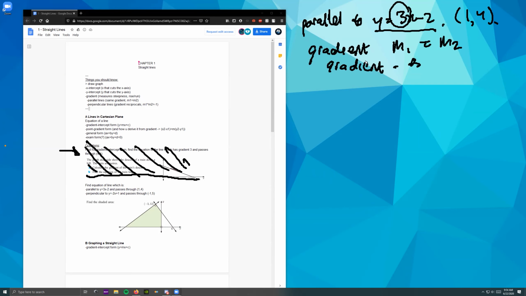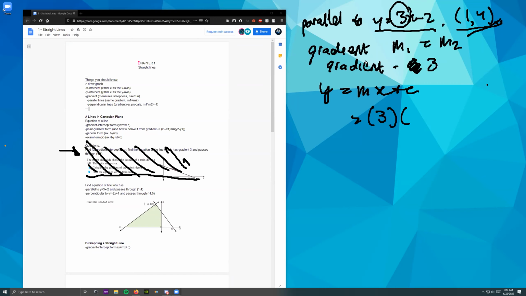Okay, m equals 3, and then also this. So to find the equation, you just need to insert this again.